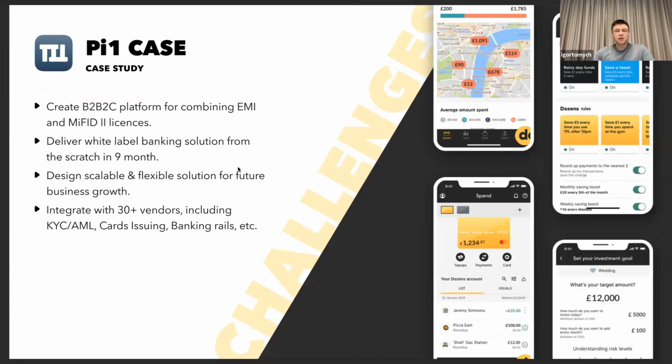One of the cases that really speaks for itself is Pi1. As I mentioned, it's a digital bank in the United Kingdom. We designed this B2B2C platform, which allows you to spin off digital banks in any region. It was quite cool because in this case we partnered with Project Imagine, and we, as DashDevs, were responsible for the whole technical implementation. We delivered 2 mobile applications natively developed for iOS and Android.